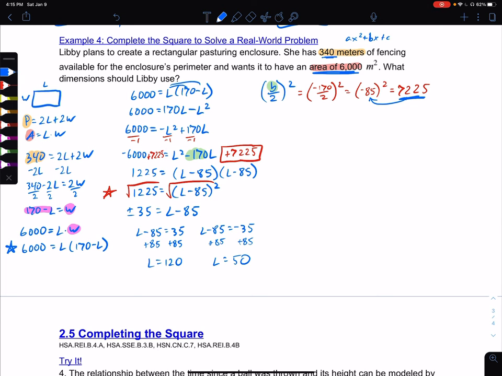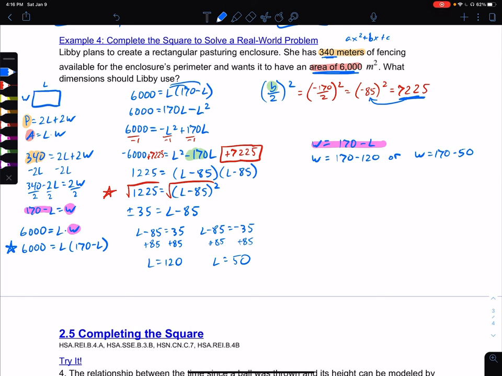Now we need to find the width. So we're asked what dimensions. So we know that the length is 120 or 50. So let's find the width. Our width is equal to, from our earlier work, 170 minus L. So W will be equal to 170 minus 120, or 170 minus 50.